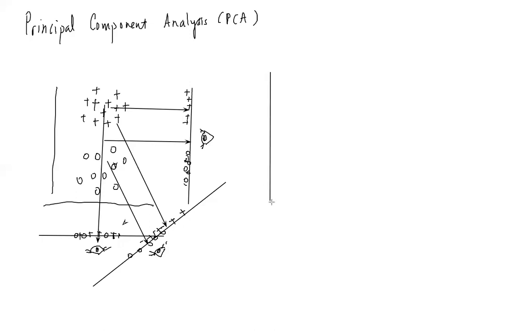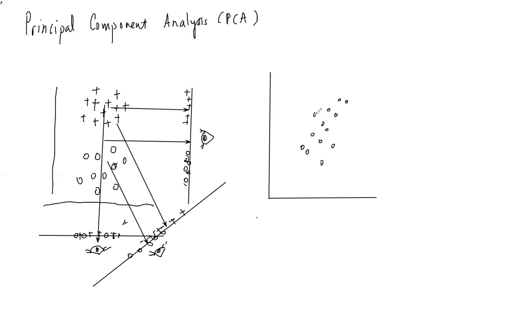If I have data that is like this, let me just draw out the axis. Suppose this is just unlabeled data.